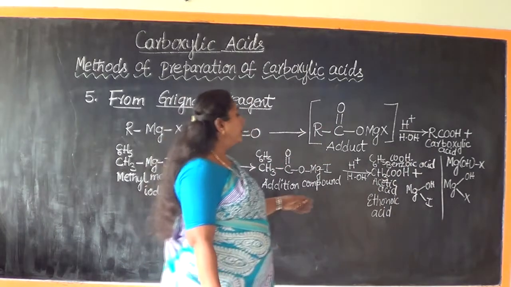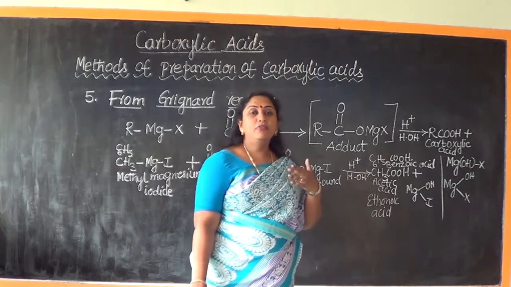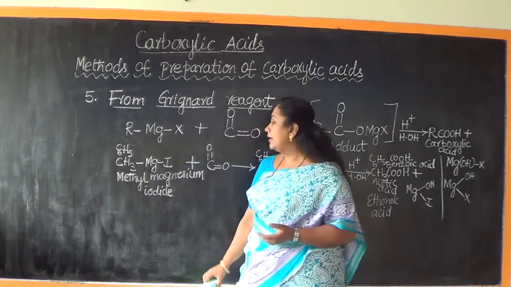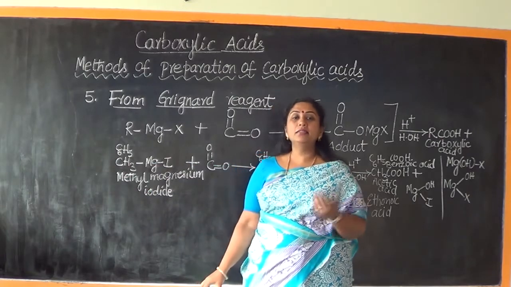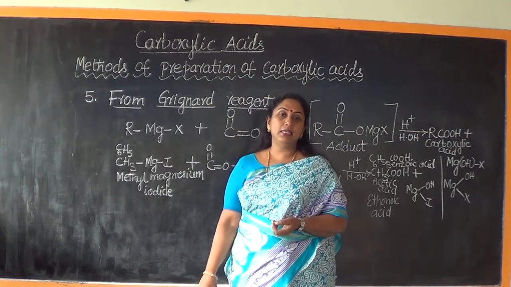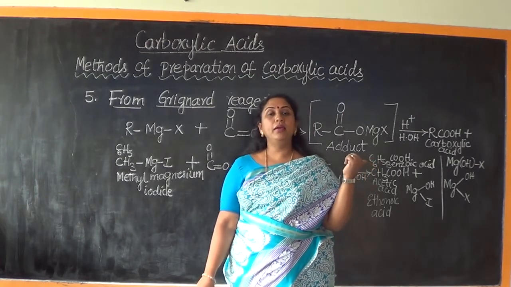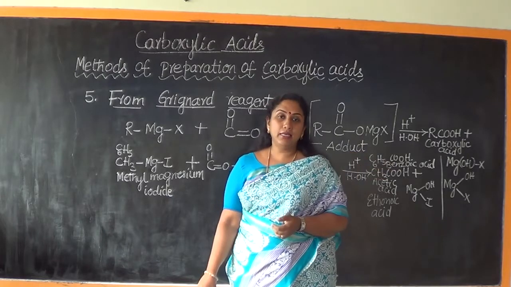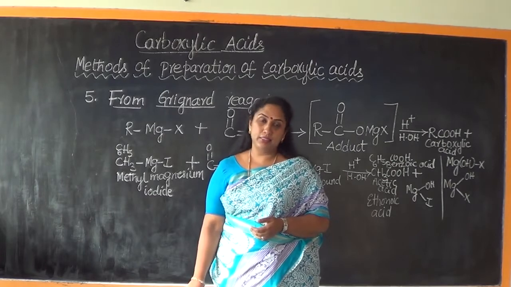So this would be the product we obtain as our carboxylic acid if we start with an aromatic magnesium iodide, that means an aromatic Grignard reagent. Then the product obtained will be aromatic carboxylic acid, namely benzene carboxylic acid or benzoic acid.